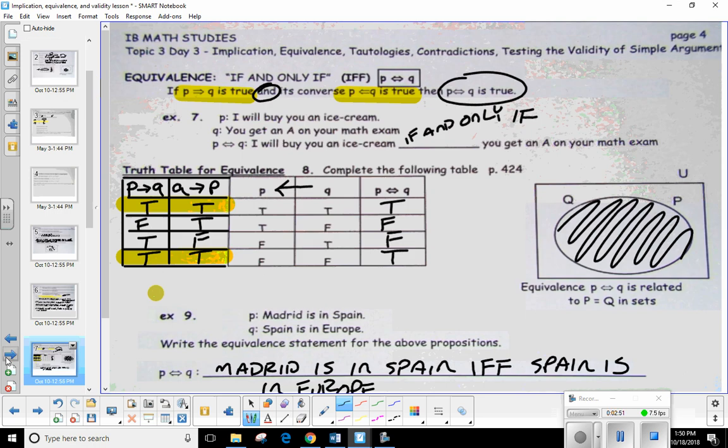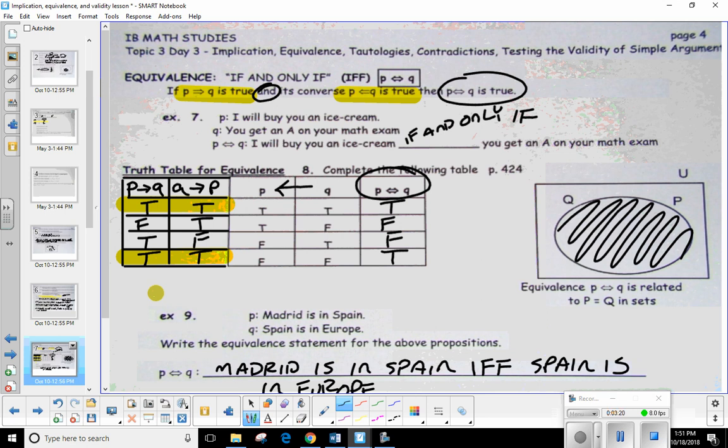And then we started talking about equivalence, where we have the double arrow. Now this was our if and only if statement. So we added a couple of columns here in order to help understand the behavior. We did the implication, P implies Q, Q implies P. So when we're looking at the equivalence here, what was happening? How did we know we were going to get a true statement? Eli?